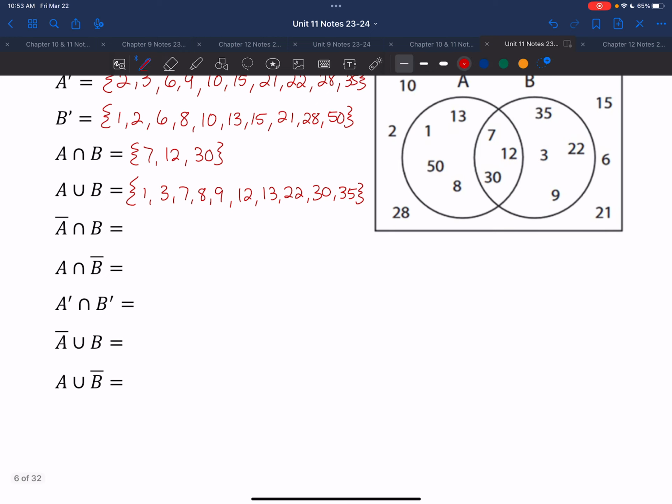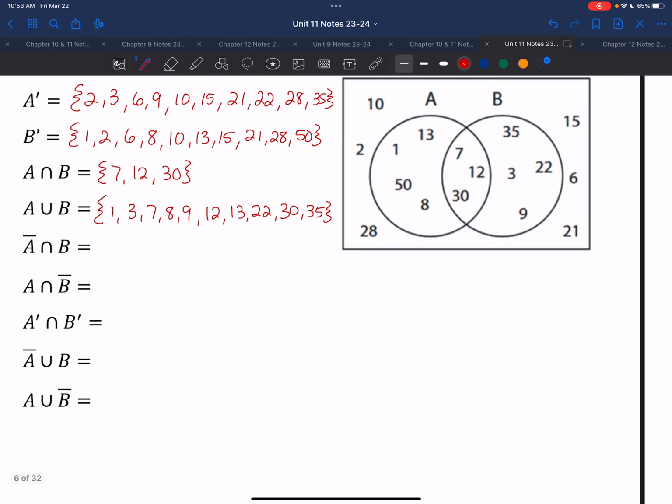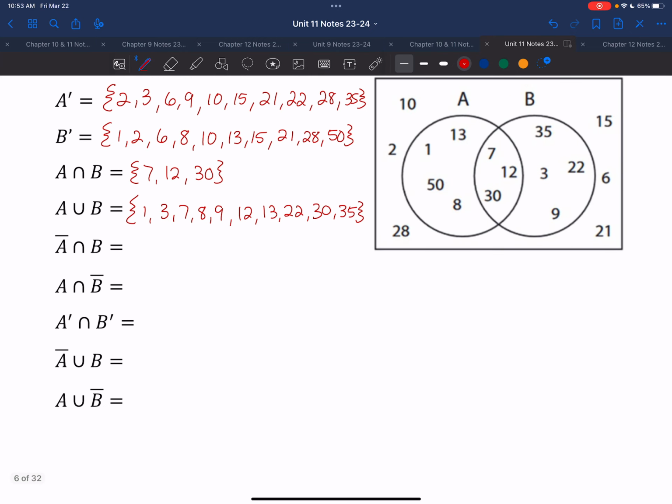Next one is, it's got to be in not A and B. So everything that is not in A, but also B at the same time. You could look at each one individually, or you can look at them as a group. It's got to be not in A, so I'm going to cross out A. It can't be in here, but it also has to be in B at the same time.